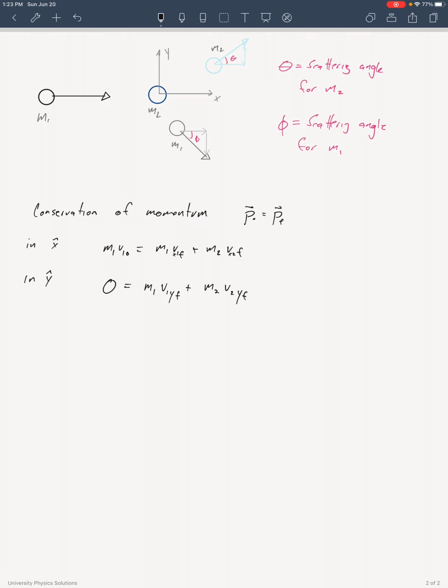Okay, now my conservation of energy equation is a scalar equation, because energy, kinetic energy, is 1/2 mv squared. So there is no x and y components there. It's basically the magnitude of the hypotenuse.